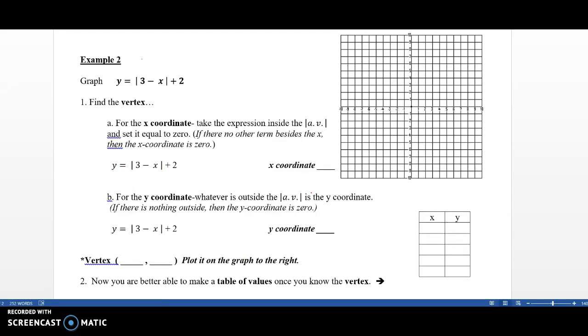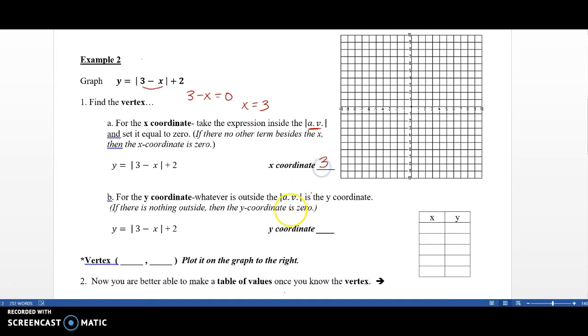Now we're going to look at a second example. We graph the equation y equals the absolute value of 3 minus x, plus 2. So the first thing we're going to do is find the vertex. For the x-coordinate of the vertex, we take the expression inside the absolute value bars and set it equal to 0. If we do 3 minus x equals 0, we know that x is equal to 3.